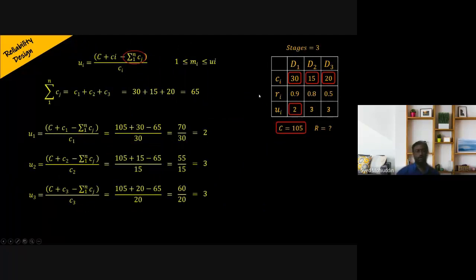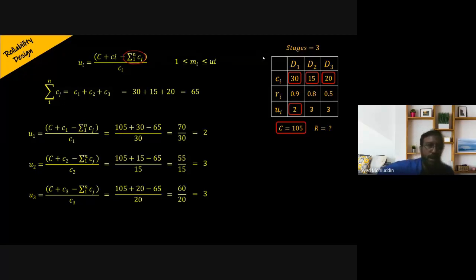Now first and foremost, we have a cost for each device. Let us consider we have 3 stages in our system, and each stage will have some devices known as D1, D2 and D3.